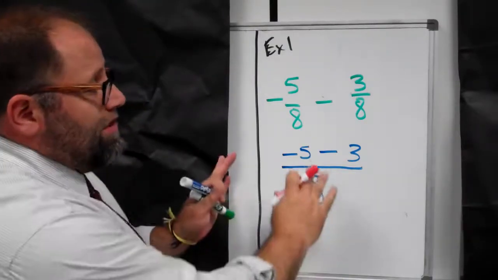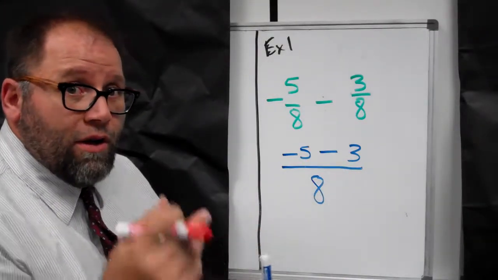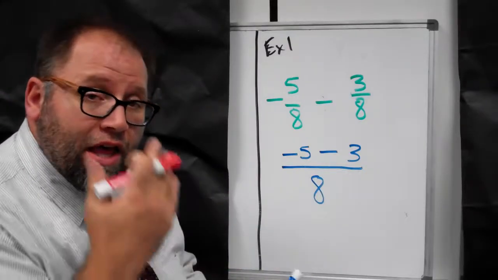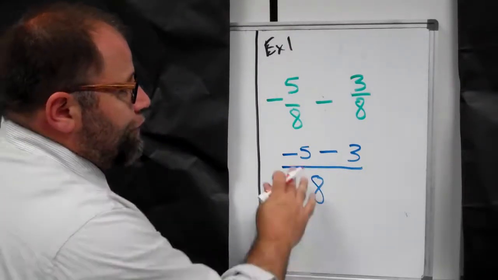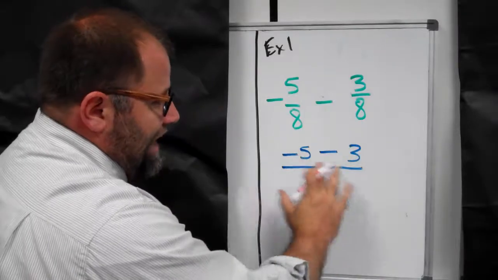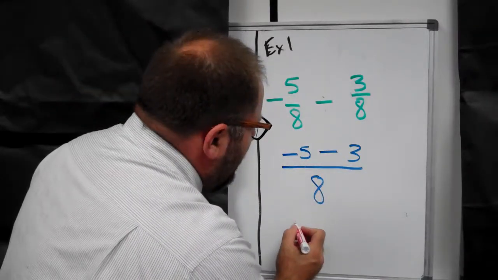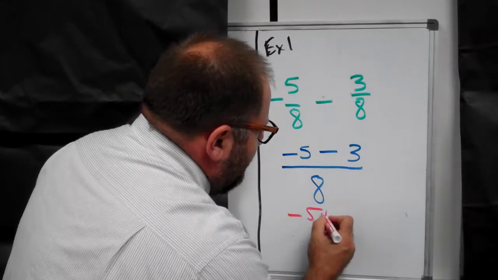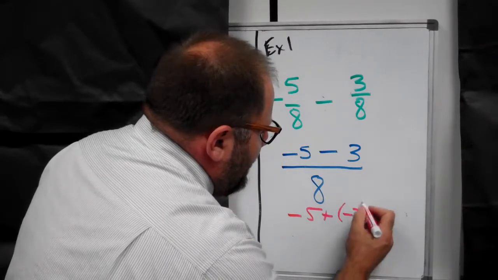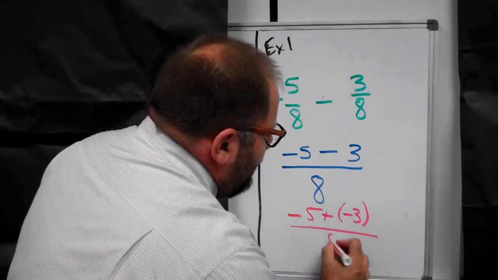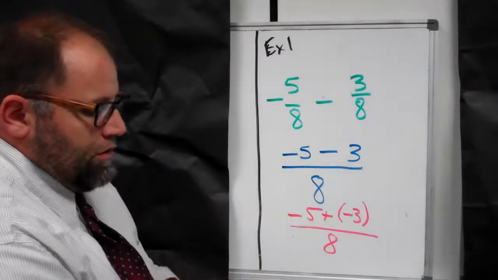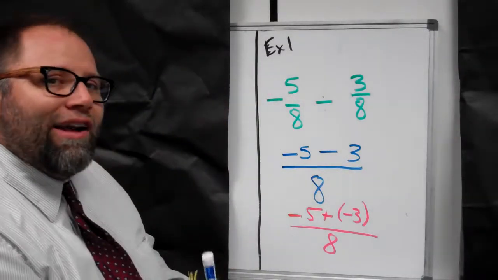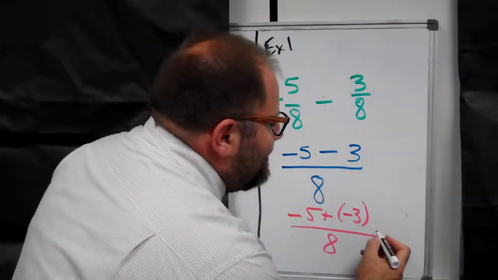Some of you probably already see this, but for some of us, we're still doing that Unit 1 work. And if we're doing our Unit 1 work, we can rewrite this top expression as -5 plus -3, and we can put that over our 8. I see what you did there.